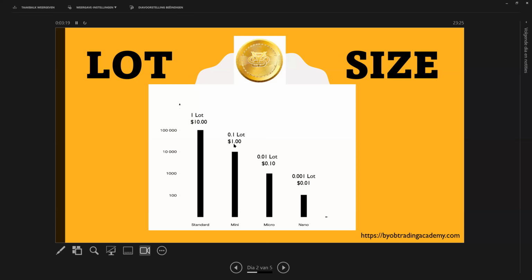As you can see, the brokers will charge you $1 for a 0.1 lot size. And then as you move on to a bigger lot size, bigger than all the others we've just looked at, we see one lot size, which is standard, and it's $10 that the brokers will be charging you for a lot. So as you can see, a lot is a lot more expensive than the others.